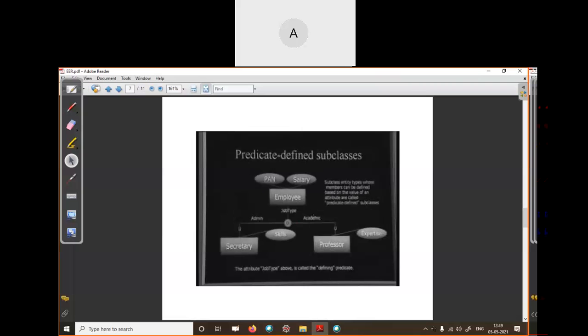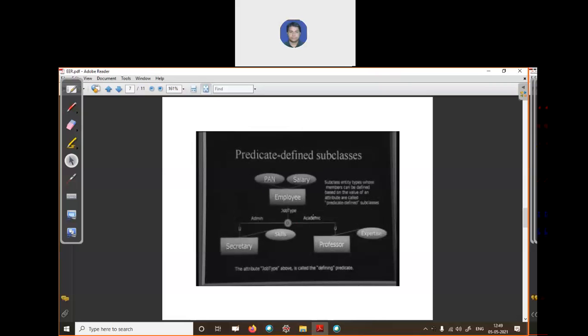Predicate-defined subclasses are the same as generalization. In predicate-defined, we are defining the way in which we have created subclasses, or clubbed two subclasses into a superclass.